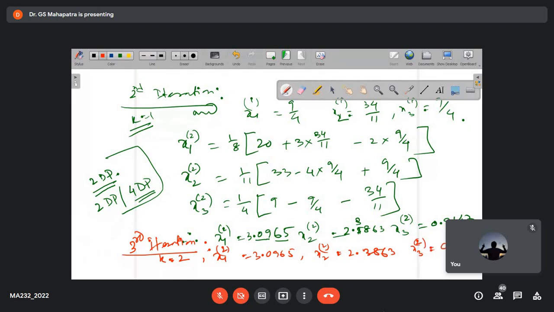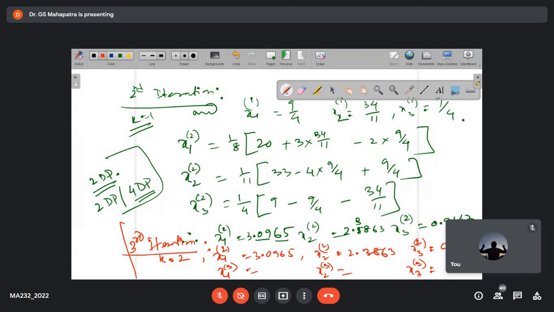If you substitute these input values in the new iterative formula, then you will get x1 3, x2 3 and x3 3. It will take some time. Since you have the next class, I will not find this one, and I will not wait for your answer. If anybody has the answer, you can answer right now. Otherwise, you can find it.